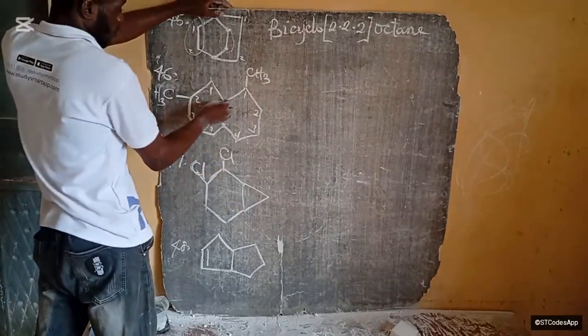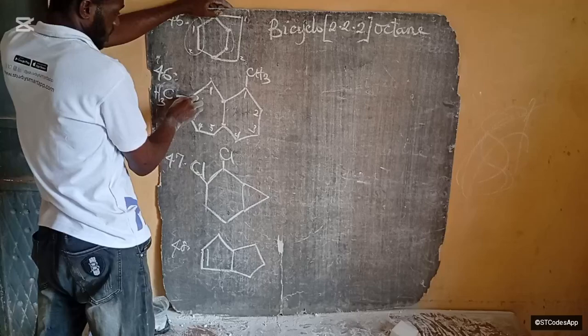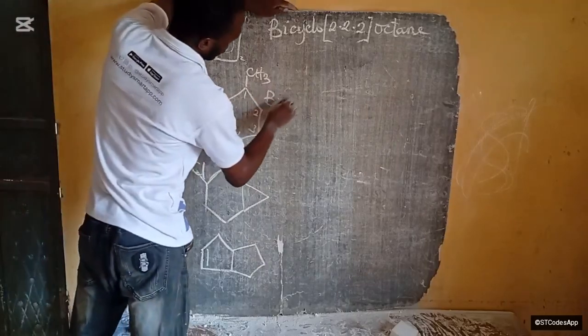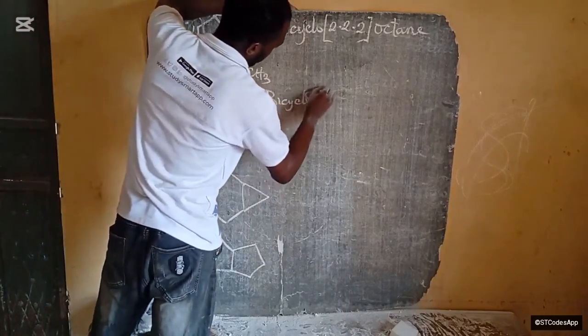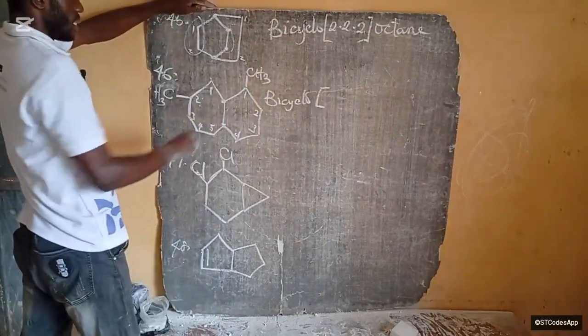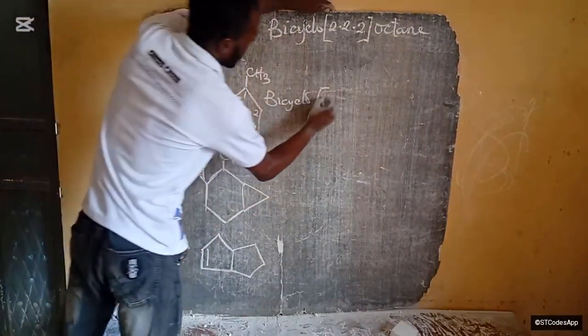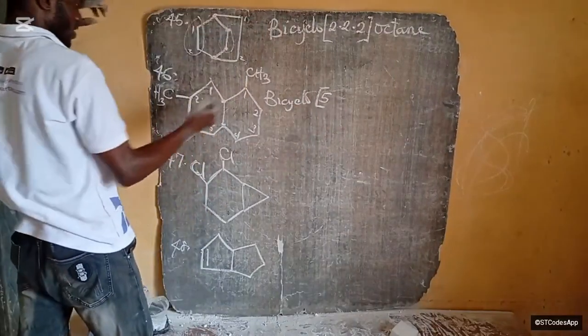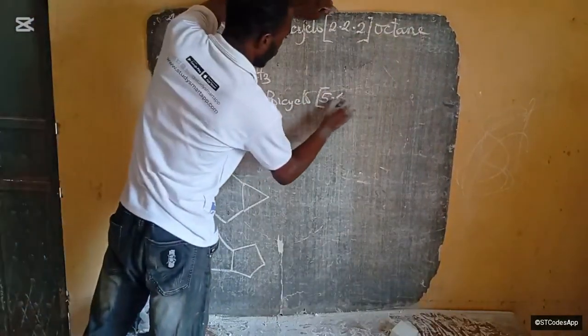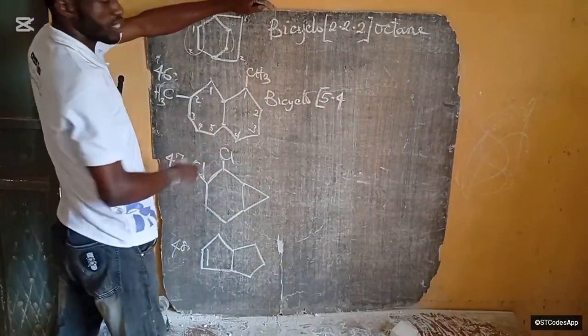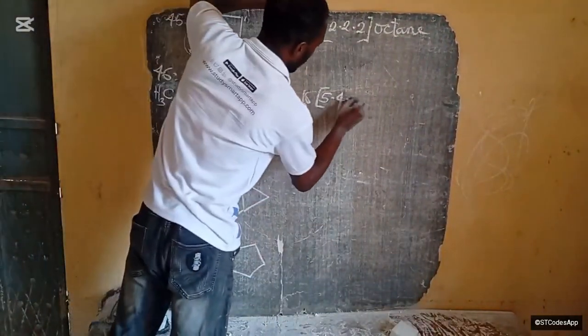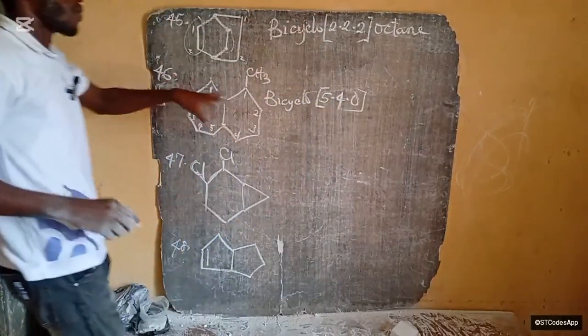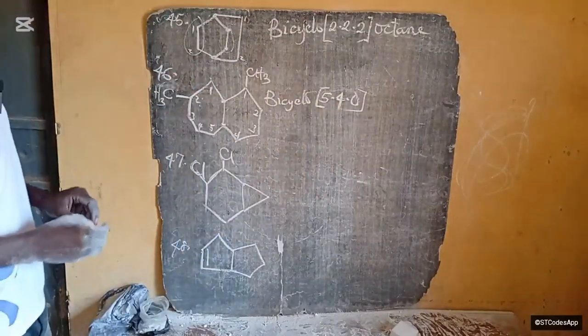So we start with bicyclo again, square brackets. How many carbons do we have here? 5. On the other side? 4. How many carbons are in between the bridges? 0. So that will be 5, 4, 0.